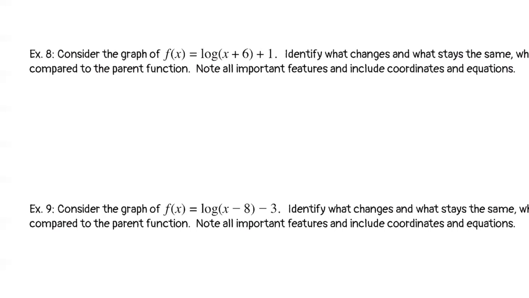I would agree with that. I would say that +6 means we're moving to the left 6. And again, you could write it as simply as that. And the second thing that is happening is we are moving that function up 1. Okay.